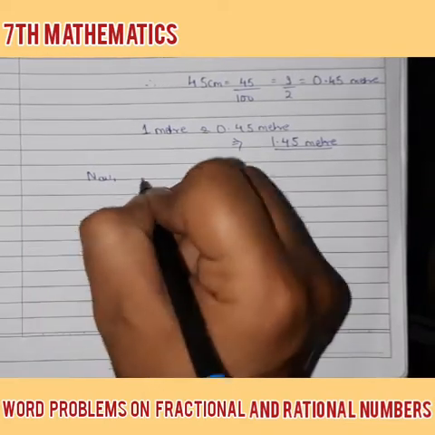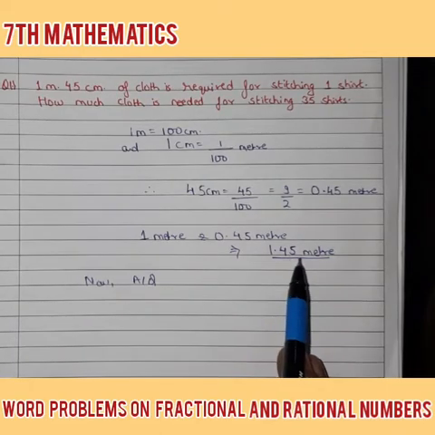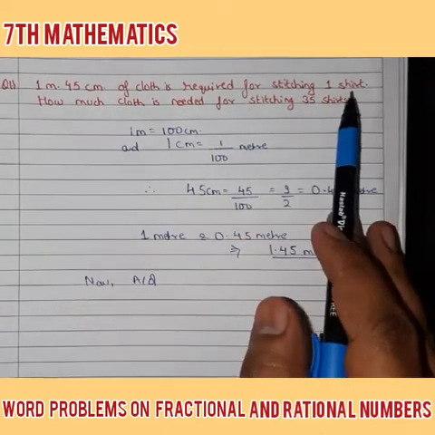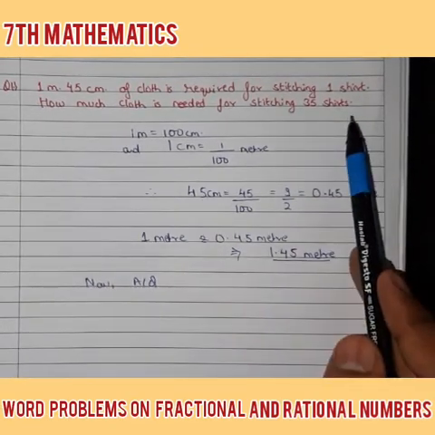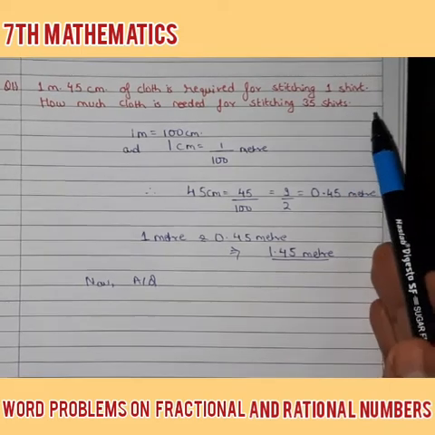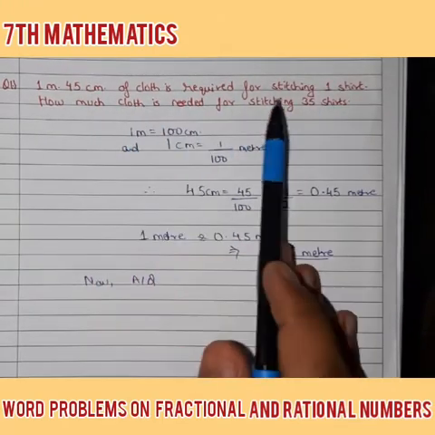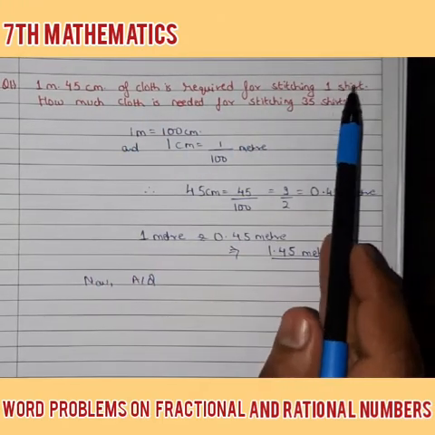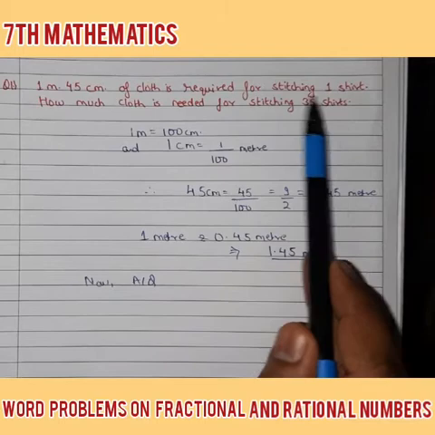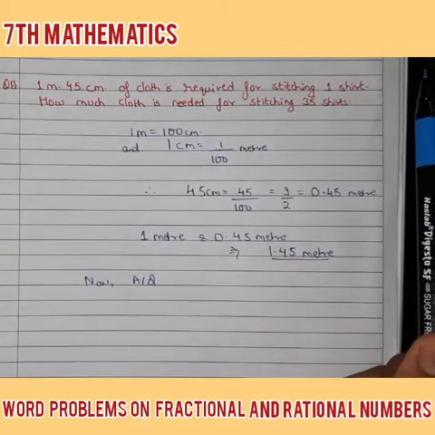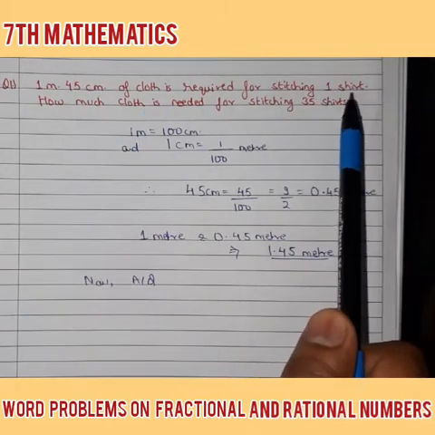Now according to the question, we know that 1.45 meter of cloth is required for stitching one shirt. So how much do we need for 35 shirts? Simply multiply. Since we know that for stitching one shirt we need this much cloth, for stitching 35 shirts we need the same amount of cloth for each shirt, multiplied by the number of shirts.